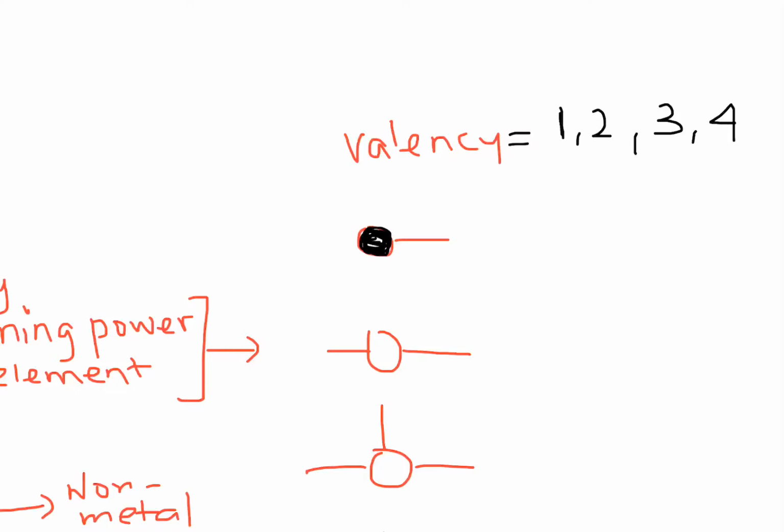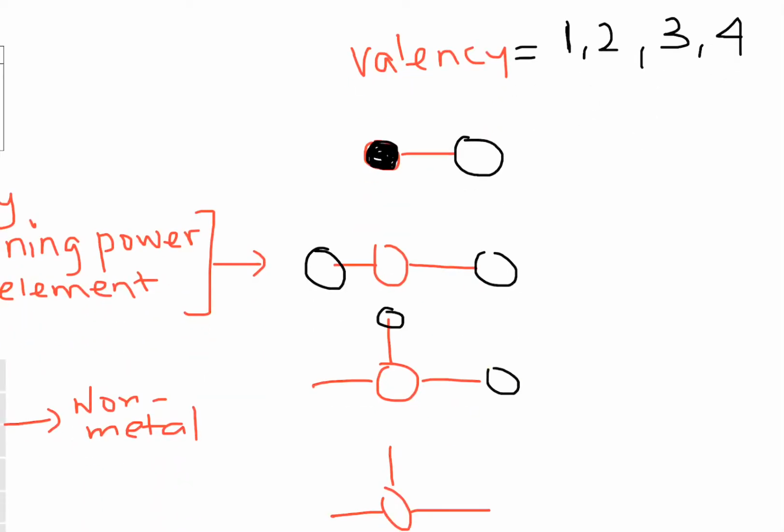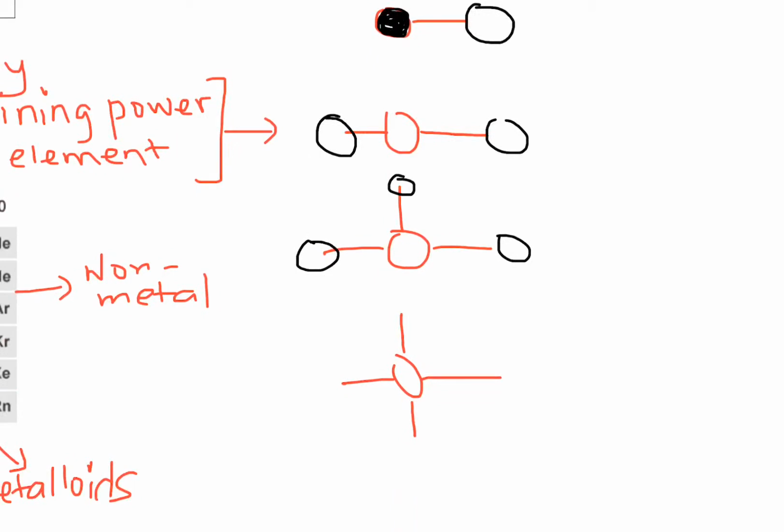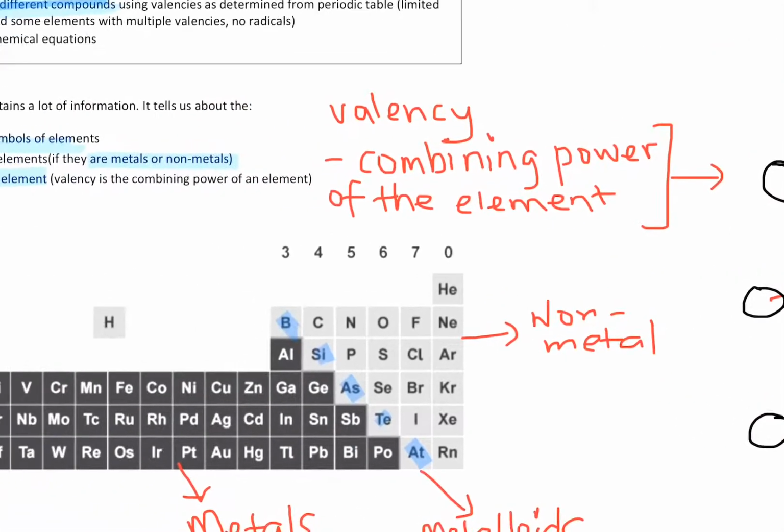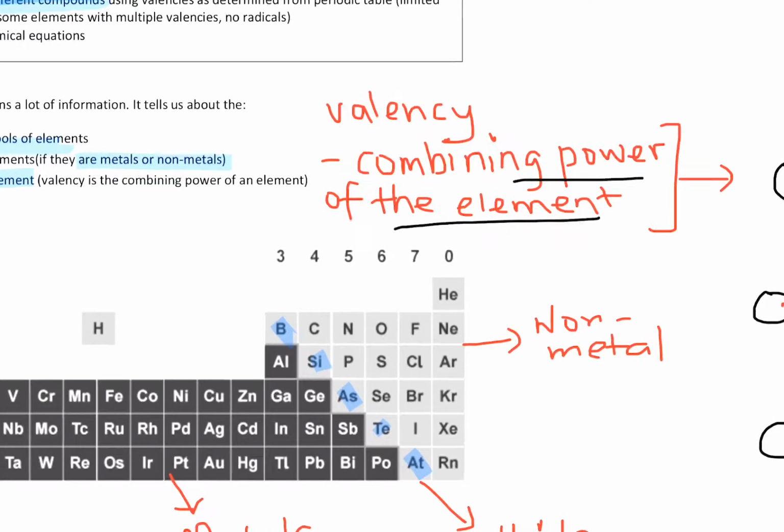Valency means how many other atoms it can combine with. If it has valency 1, it can combine with 1 other atom. If it has valency 2, it will combine with 2 other atoms. If it has valency 3, it will combine with 3 other atoms. If it has valency 4, it will combine with 4 other atoms. So this is what is meant by valency, the combining power of the element.